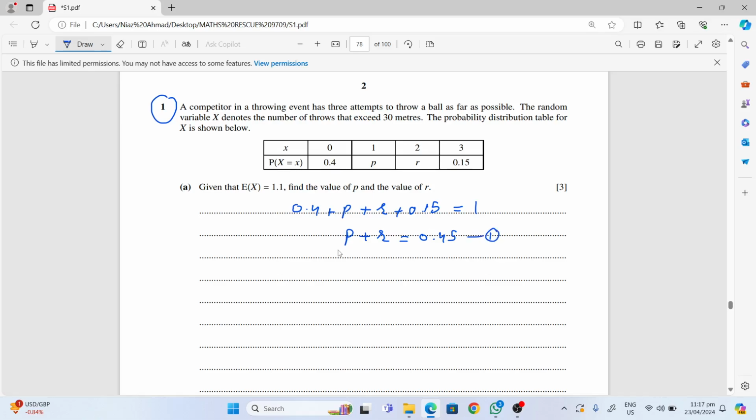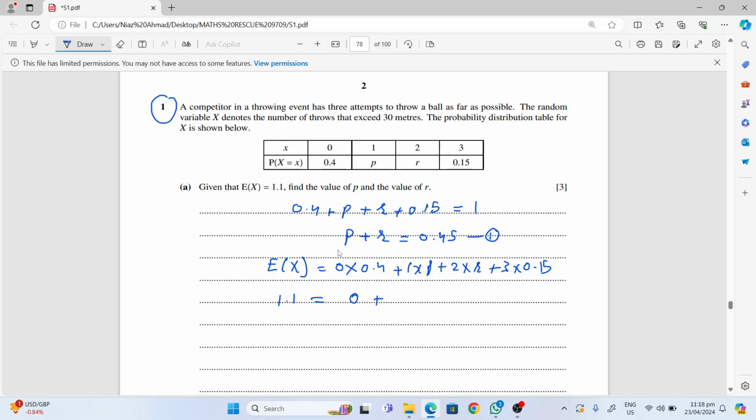And now the expected value of x is 1.1. The expected value is the sum of x times the probability. You can simply say 0 multiplied by 0.4 plus 1 multiplied by p plus 2 multiplied by r plus 3 multiplied by 0.15, and the expected value is 1.1.